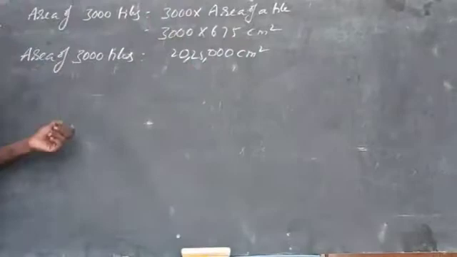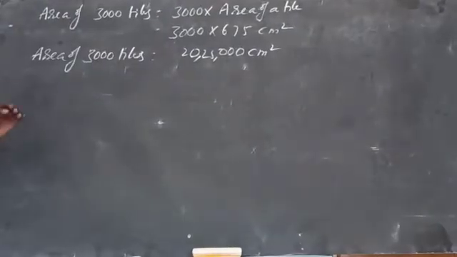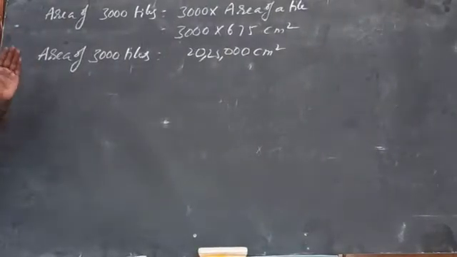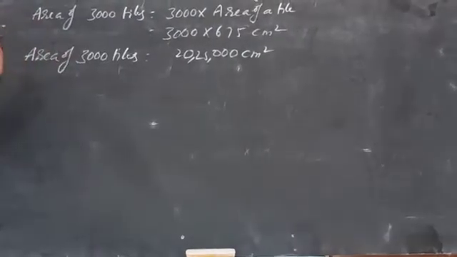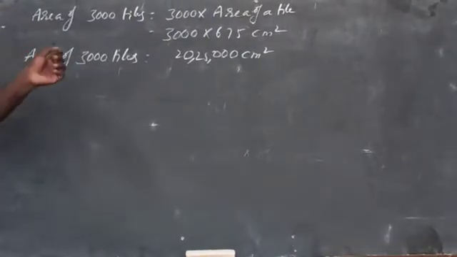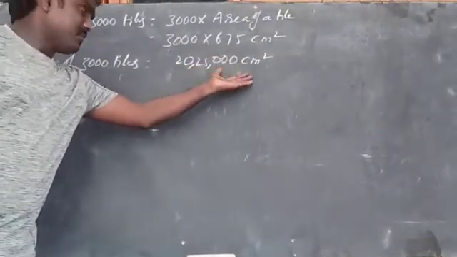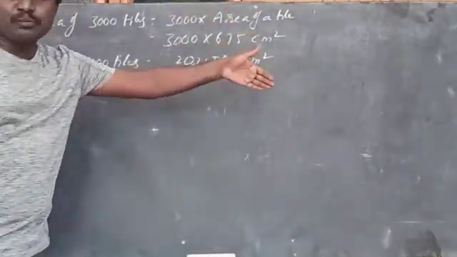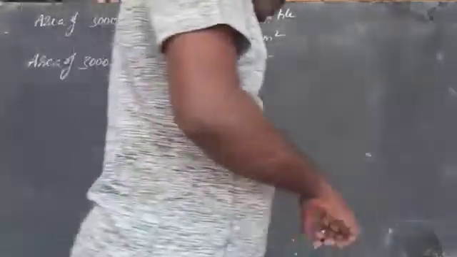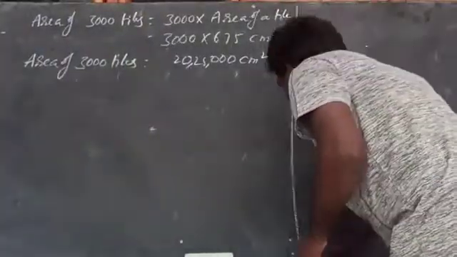But in the question they have given that each tile is fixed on the floor, its cost is 20 rupees per meter square. That means the centimeter square is changing into meter square. How can we change?